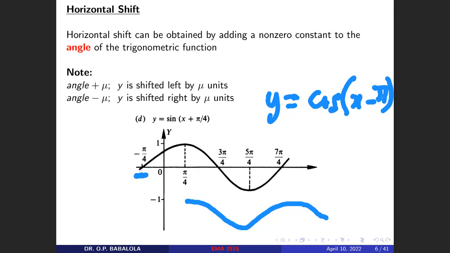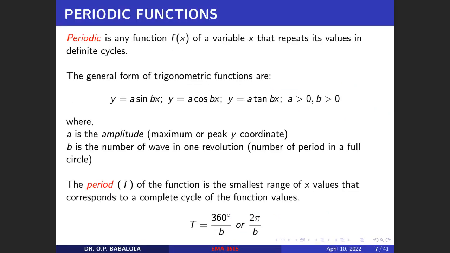This is the amplitude here of this graph. You trace this. This is 1. You see? That is the amplitude. And let's go back. So it's the maximum or peak y coordinate.